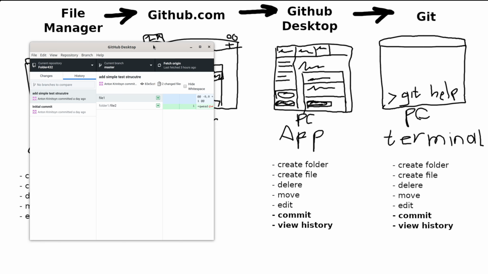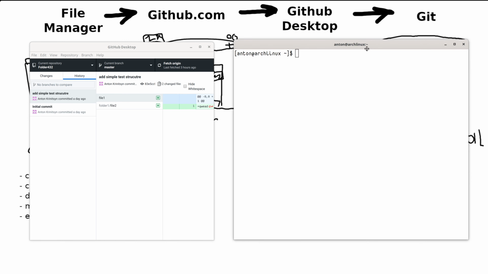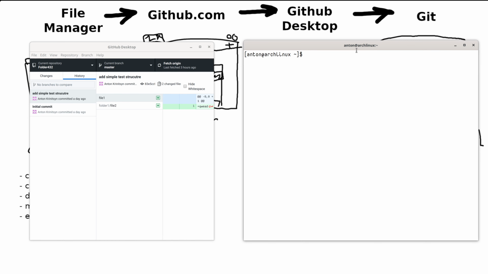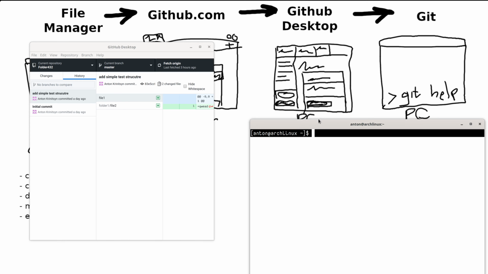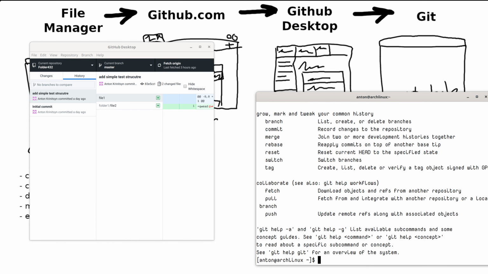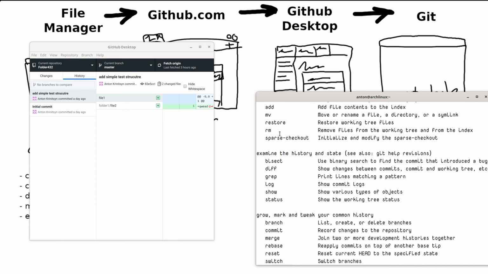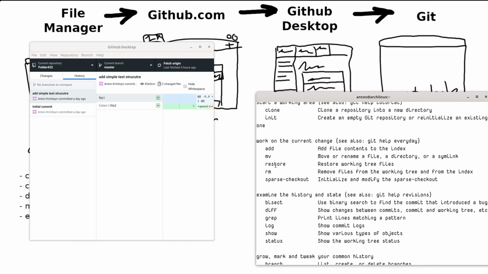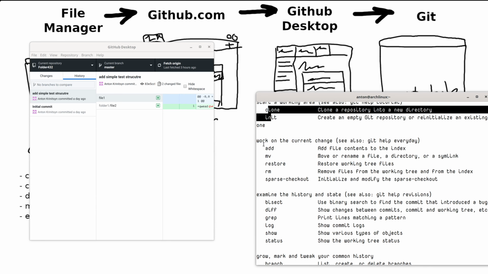So let's start. To use Git we need a terminal, because it's a terminal-based command line tool. You use it by writing git commands, and if you press enter you'll get what's called a help message with all available commands.